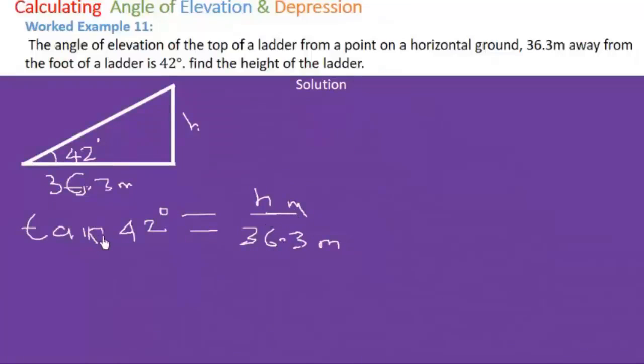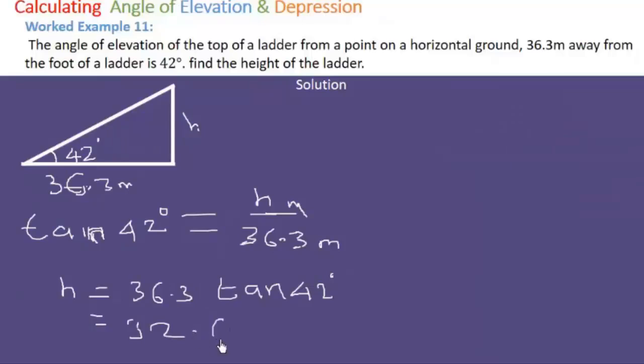So we make h the subject to obtain h is equal to 36.3 times tan 42 degrees. This will give us 32.68 to 2 decimal places.